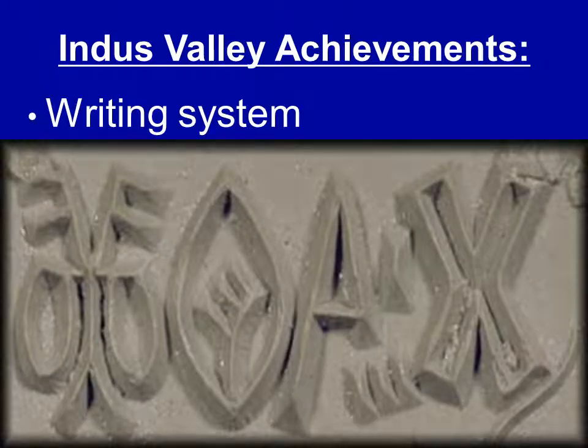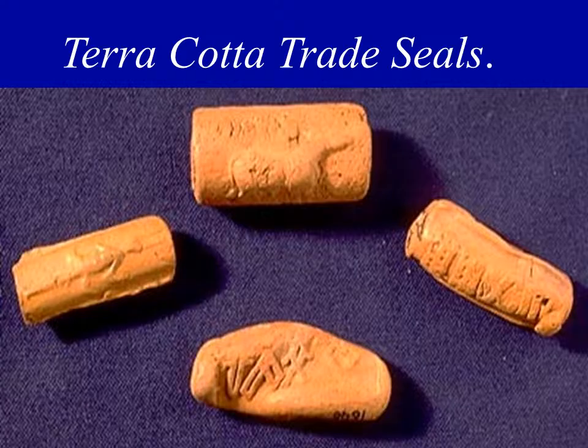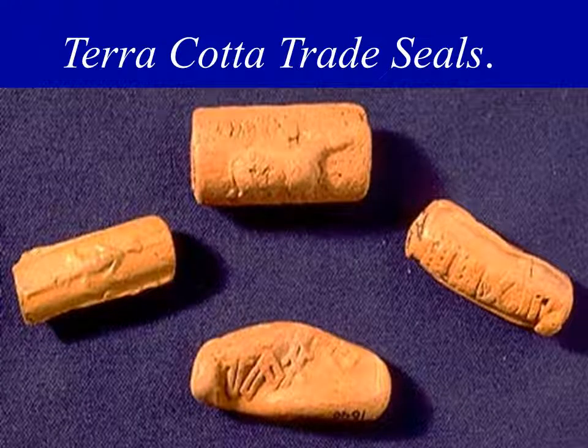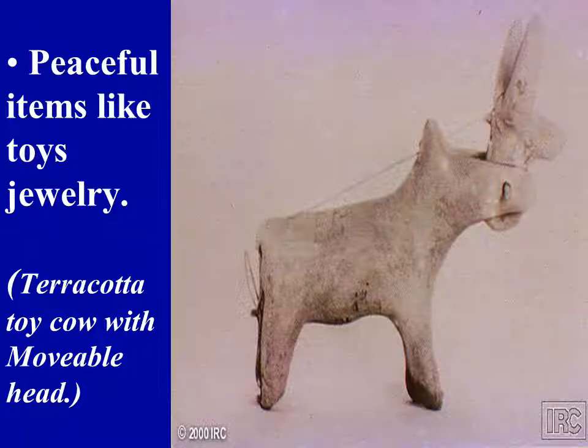Ancient Indus civilizations created writing systems and trading seals, a lot like cuneiform, only this one incorporates language plus pictures instead of just the wedge-shaped indentions that we see with the Mesopotamians. Some were made out of terracotta, and you can see the language written on those, and even toys. Terracotta is a clay-like substance that's very common. You can do a lot with it, and it's very practical.